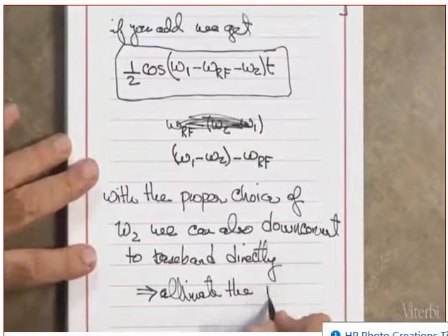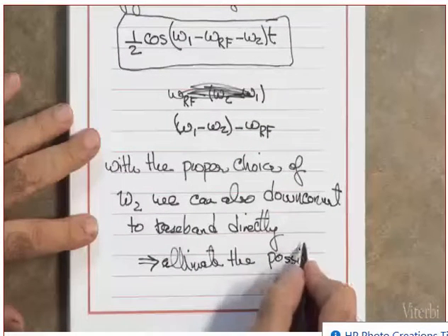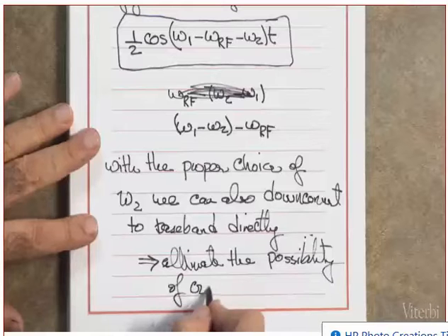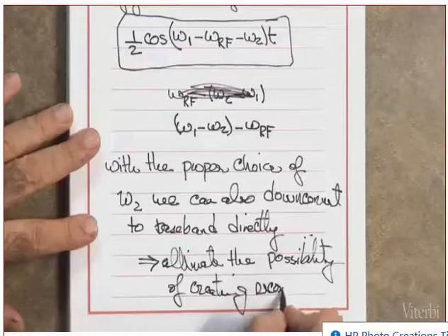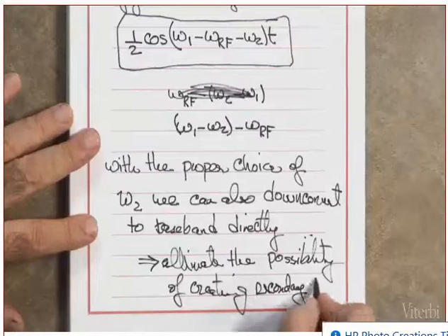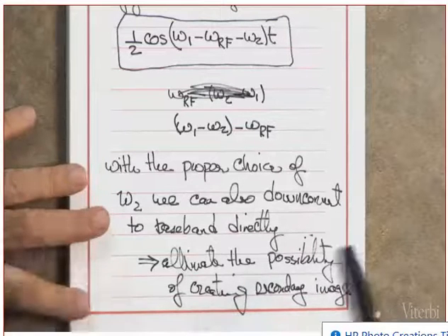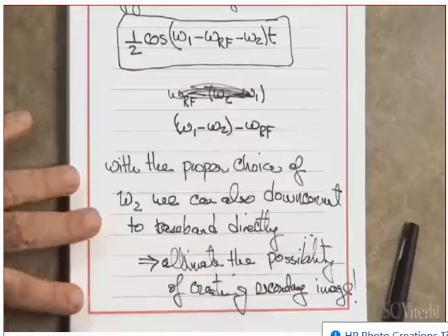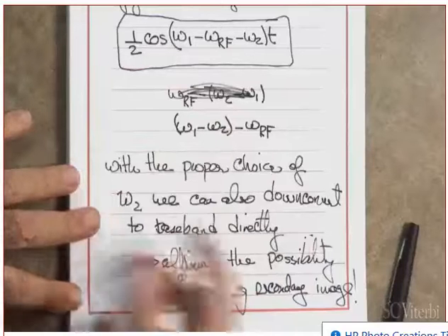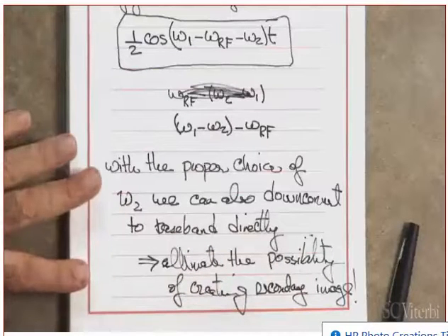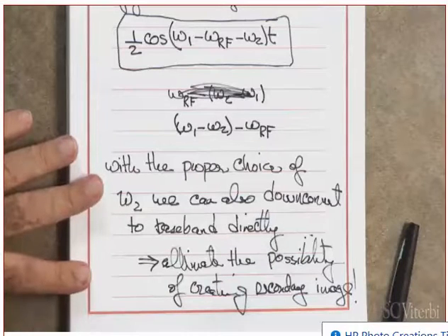the possibility of creating a secondary image. What is the primary? The primary was at the beginning. Are you following that? If you are not going to go all the way to 0, there's a possibility that you will end up with a small secondary image.